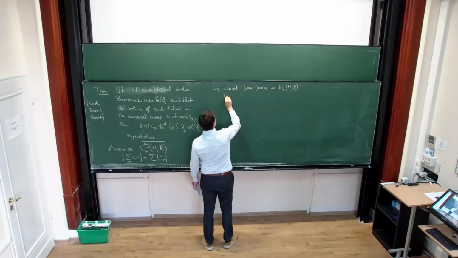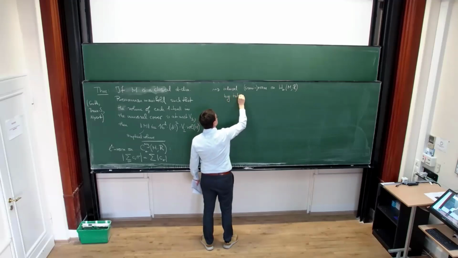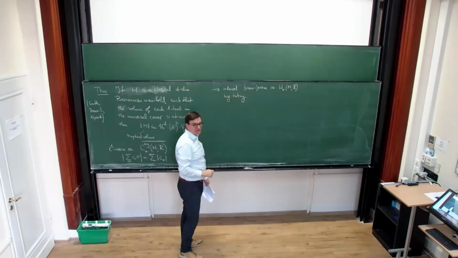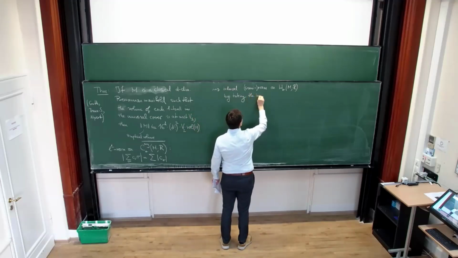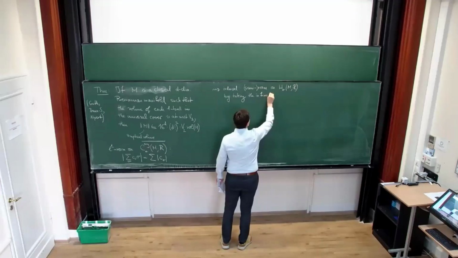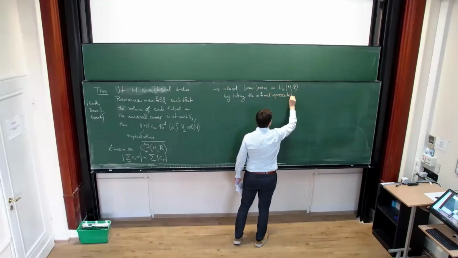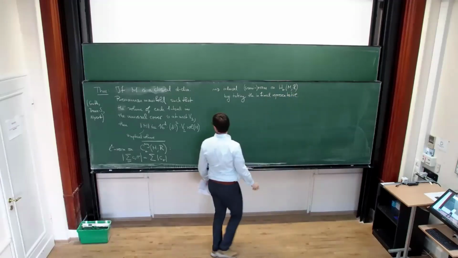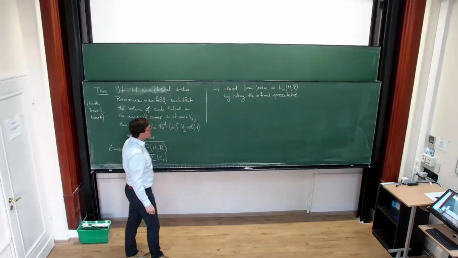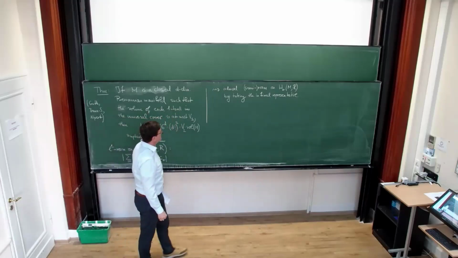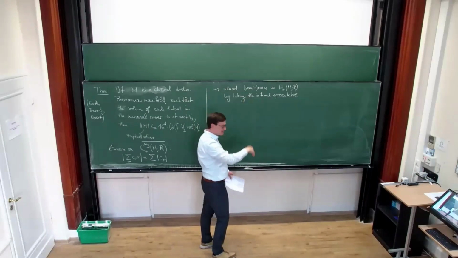So let me just say by taking the infimal chain in the homology class. That's the definition. And now the simplicial volume of a manifold is obtained by taking this norm of the fundamental class.